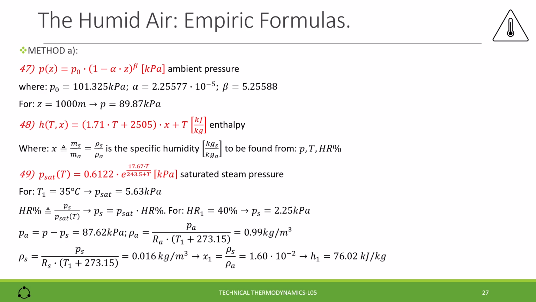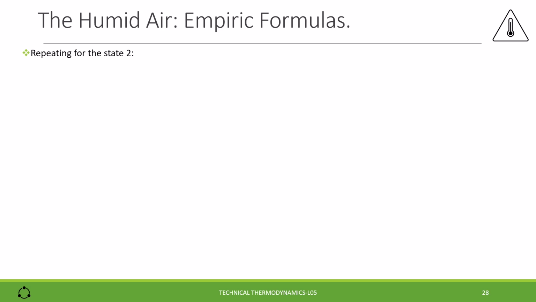By using the formula 48, we can now calculate the enthalpy of the mixture for the state 1, and we find 76.02 kJ per kilogram. Repeating the same procedure for the state 2, we find for the humidity 1.28 times 10 to the minus 2, and for the specific enthalpy 48.51 kJ per kilogram.